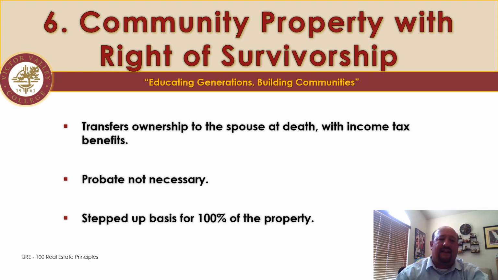I think it's probably come on in the last 20 years. The difference between regular community property and with right of survivorship is transfer of ownership to the other spouse at death, and there are some income tax benefits to the right of survivorship.